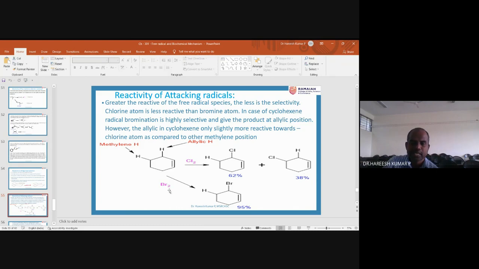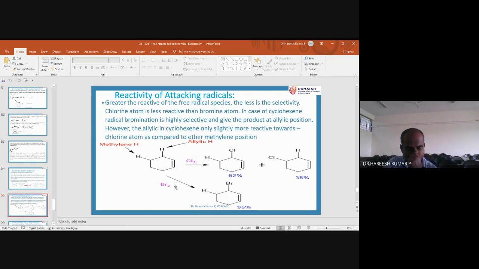Suppose you are using bromine as the halogenating compound, in that case selectively the allylic proton is replaced with bromo compound, which is about 95%. That's the speciality about the bromine.